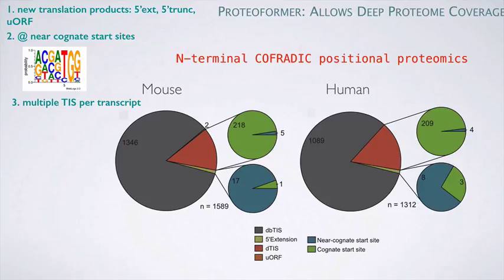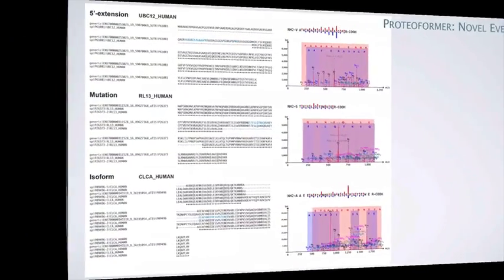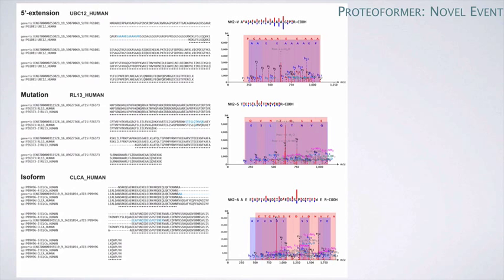What we could also validate from previous ribosome profiling studies is that sometimes for certain transcripts you have multiple translation start sites. But this is not visible on this picture, I'll come to that later. So just a few examples. To the left you have a multiple sequence alignment of the custom form, the upper one, and the lower one is the SwissProt. To the right you have the annotated spectrum.